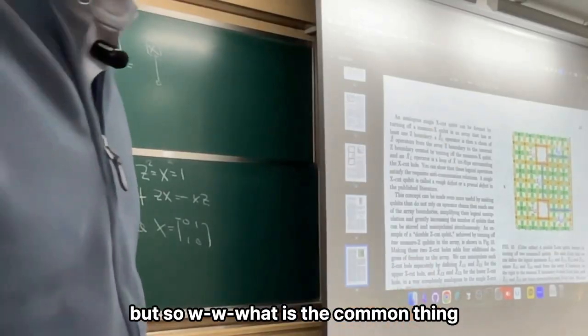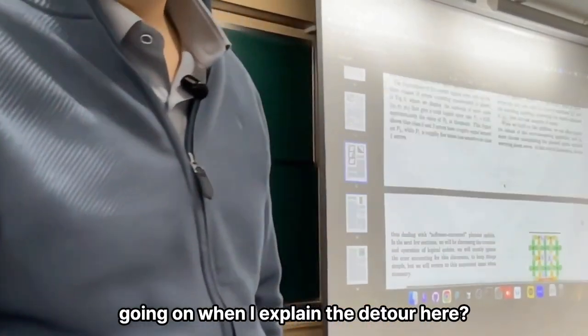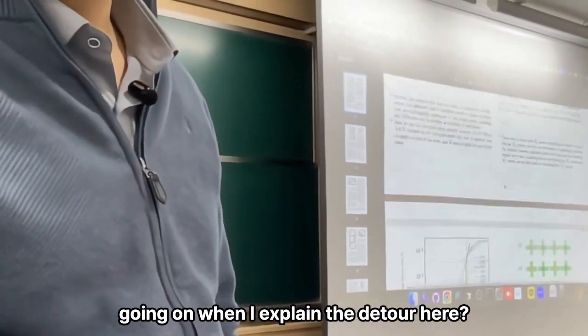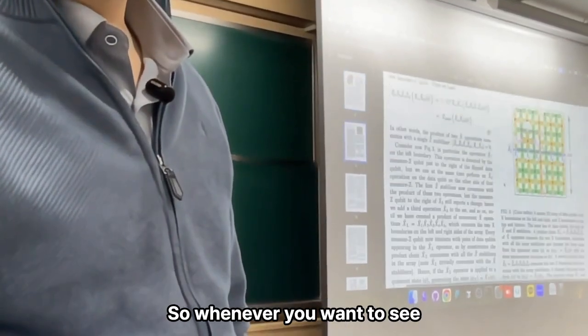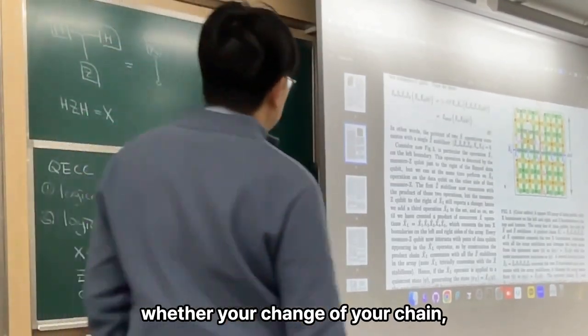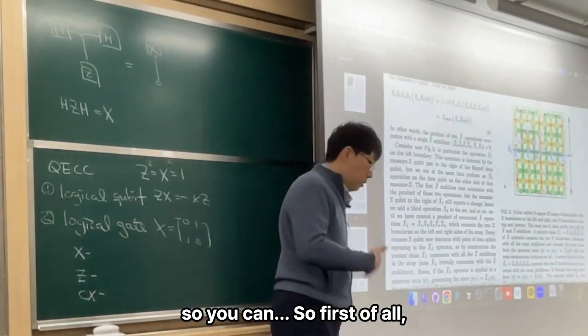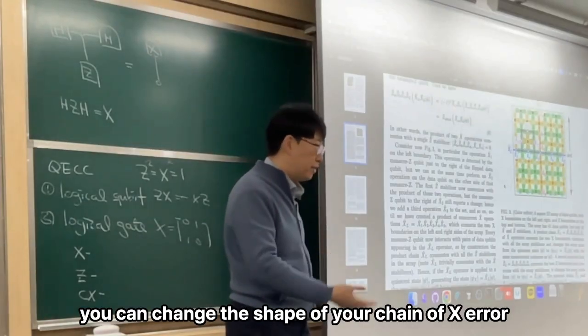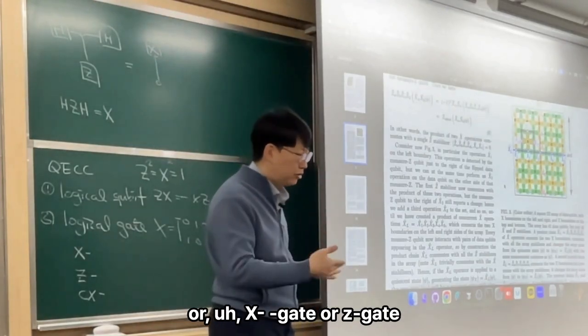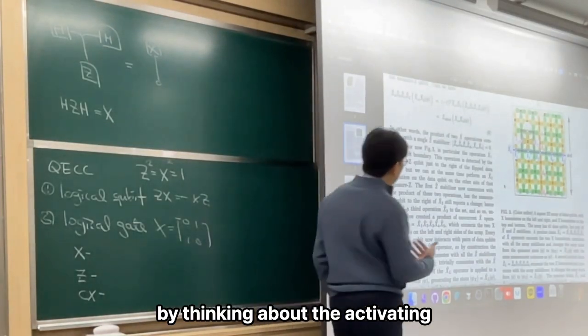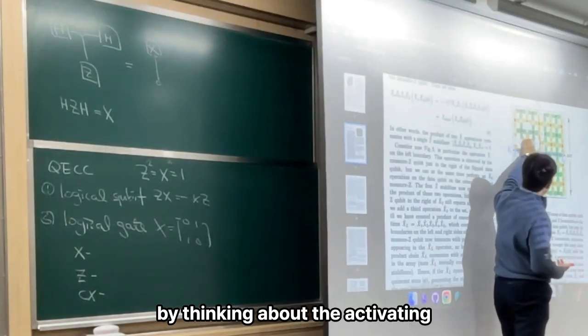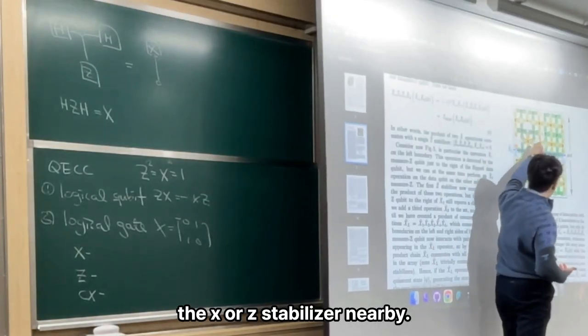But what is the common thing going on when I explain the detour here? Whenever you want to see whether your chain changes, first of all, you can change the shape of your chain of X error or X gate or Z gate by thinking about activating the X or Z stabilizer nearby.